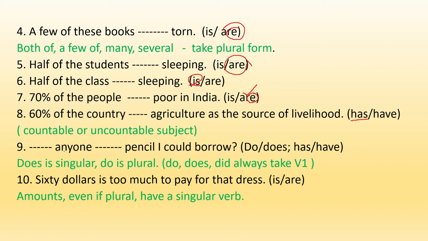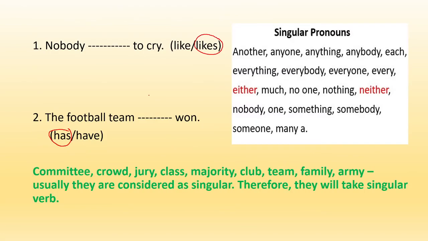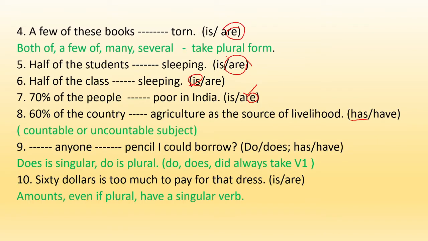Now this sentence. In case of an interrogative sentence, you know that the subject and the verb position changes. Now here, anyone. If you remember in the previous question, among the singular pronouns, anyone is included. So anyone has to take a singular verb. Since it is a question, we will have does here. Does is a singular verb. Now for the second blank, we have to choose out of has or have.